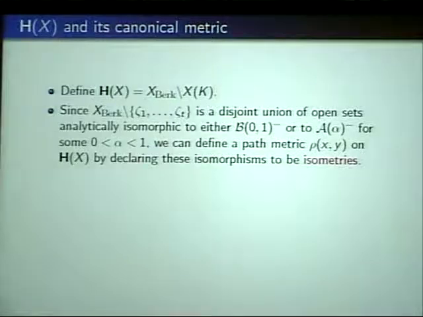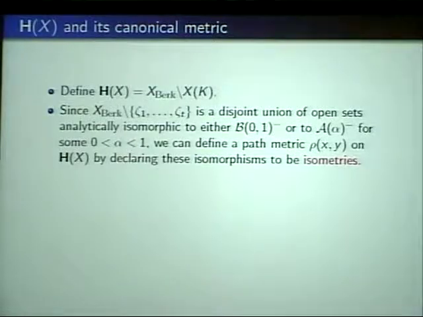Anyway, the complement of these points zeta_1 through zeta_t is actually a disjoint union of open sets which are isomorphic either to open disks or to open annuli. So at least away from these marked points, things locally look like subsets of the Berkovich projective line.